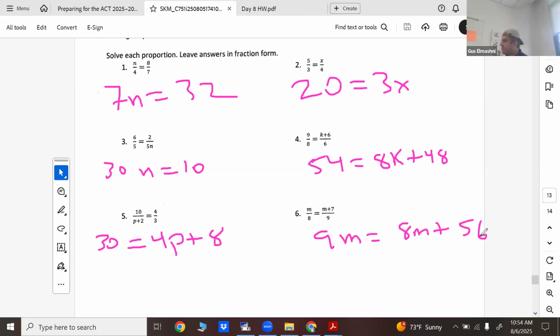Guys, I did all that. Cross multiply every time, right? You're allowed to do cross multiplication when there's just one fraction on each side. And if you solve for each case, you should get the following.